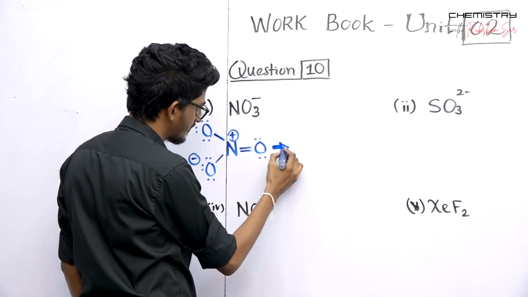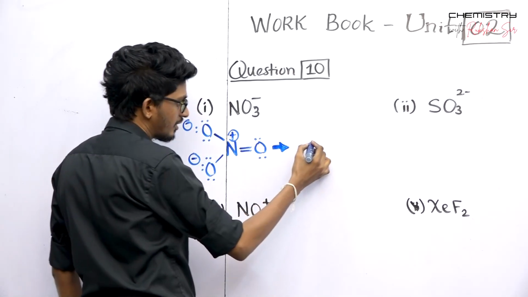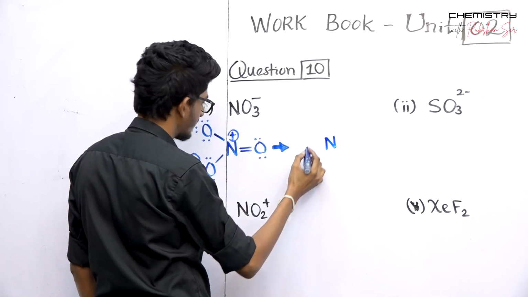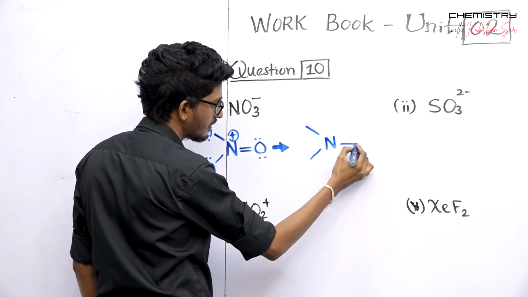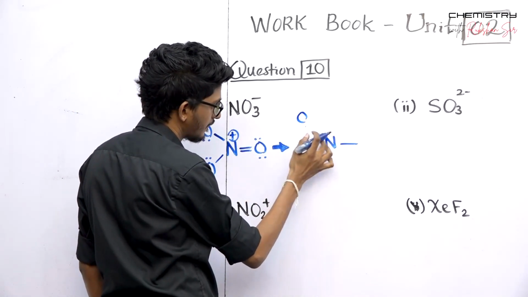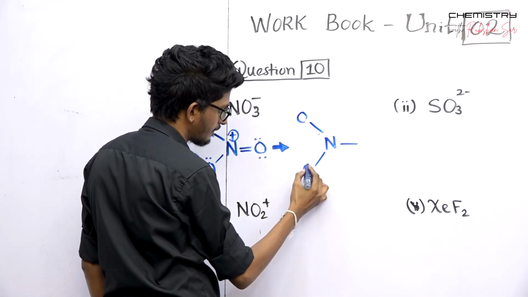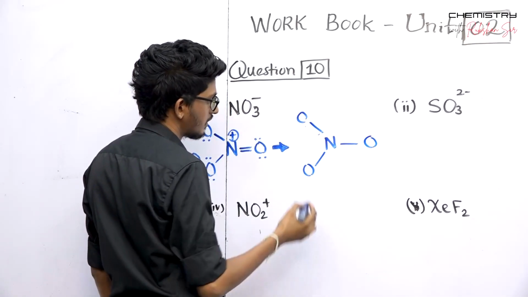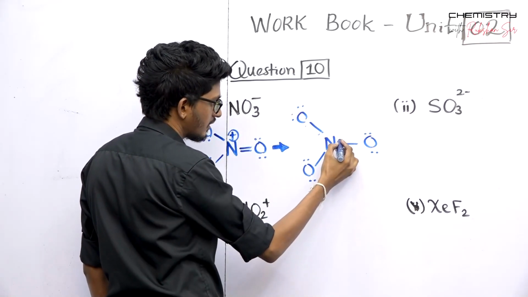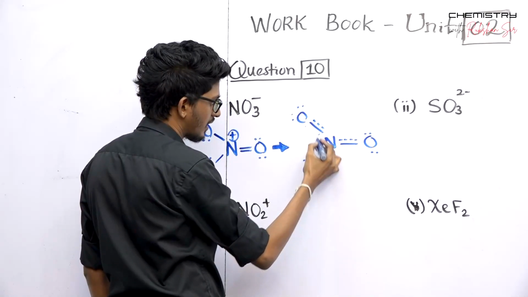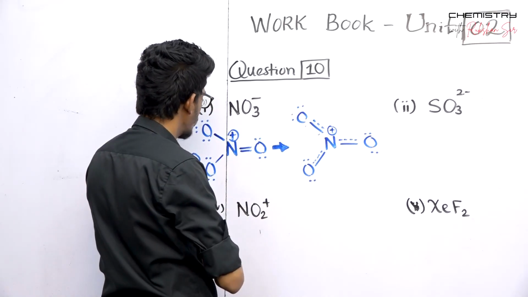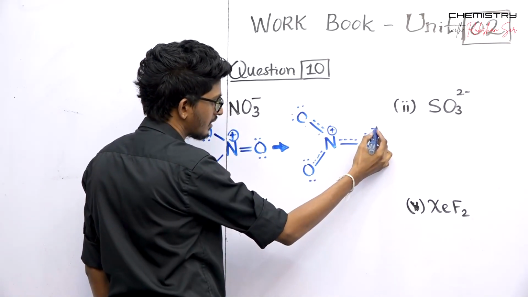So let's draw the hybrid. The hybrid of NO3 minus would look like this, right? The hybrid. So you have to consider the hybrid, right? So partial pi bonds are there, plus charge here. The charges on these things, 2 minus charges are distributed over 3 oxygen atoms.